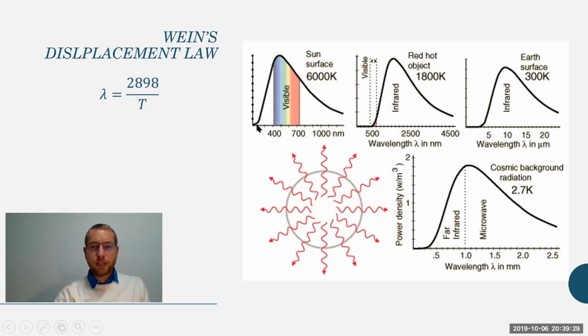So remember when we looked at the portion of the sun's energy that's being emitted in the visible range, about 43% of it is being emitted in the visible range, but we're also getting energy emitted outside of the visible range on either end of that as well.